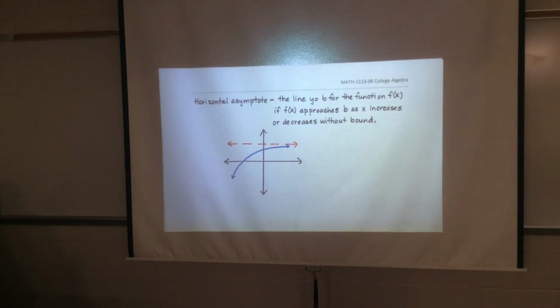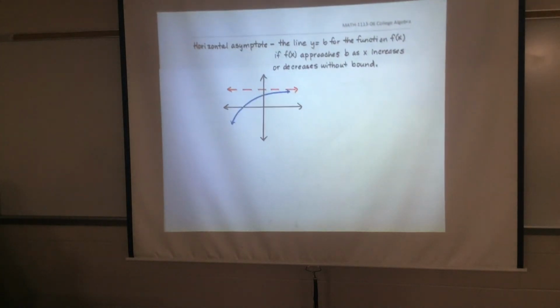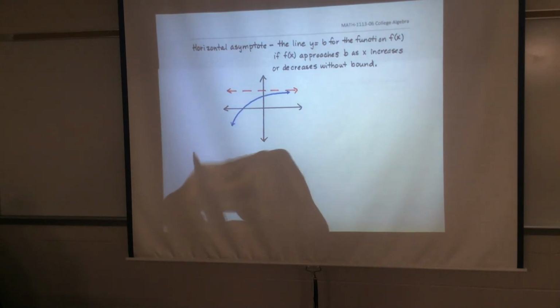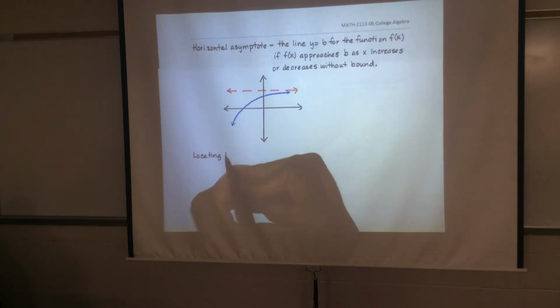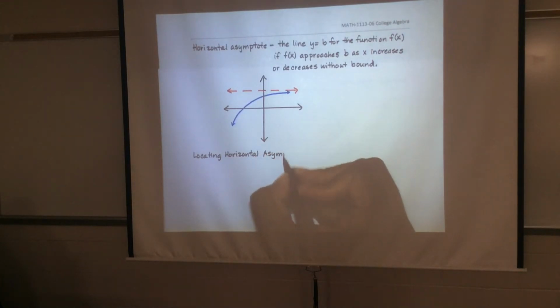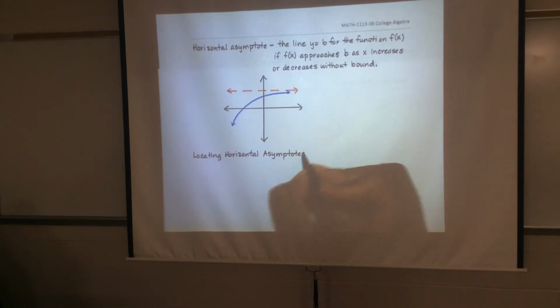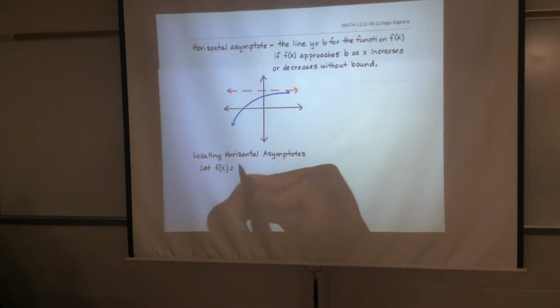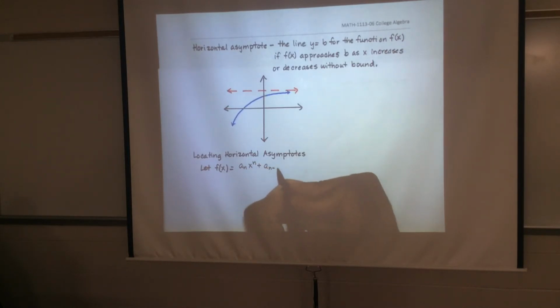And now, let's take a look at how we can locate a horizontal asymptote. And this one's going to be a lot different from locating a vertical asymptote. So here I'm going to let f of x equal, and I'm going to write this out in the general form.